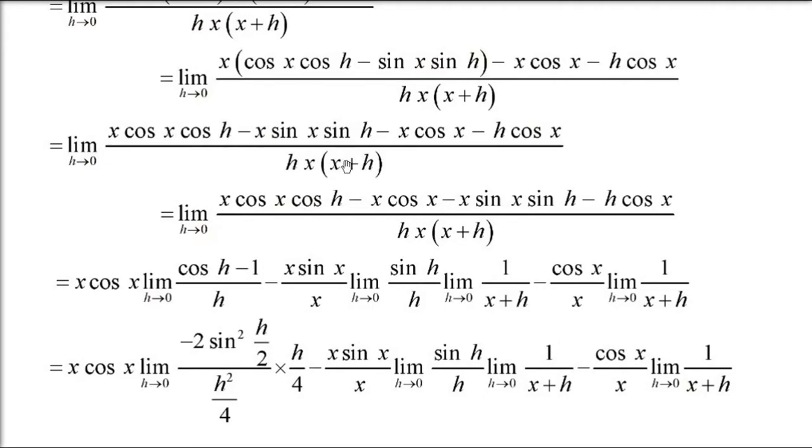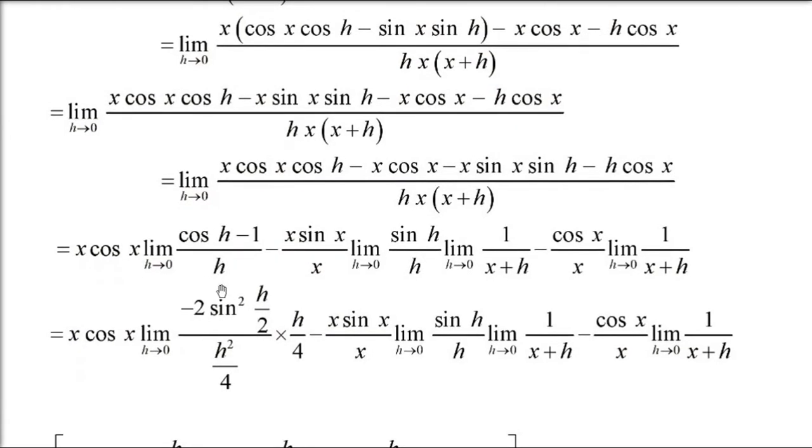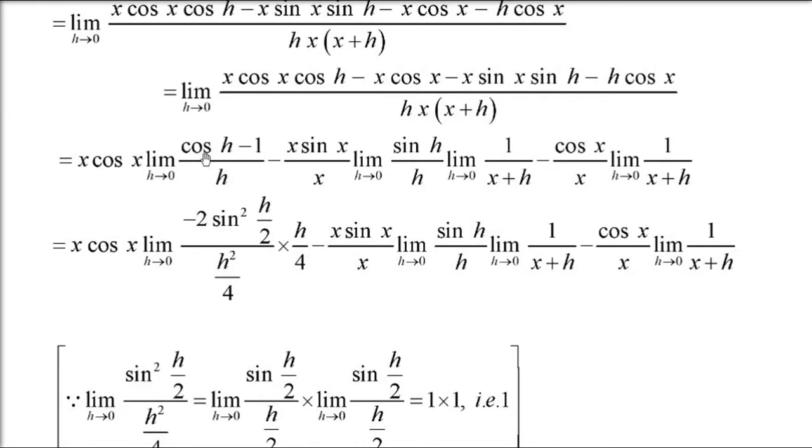Now you already have an h, x plus h. We'll deal with them later, because eventually this x plus h is going to be eliminated for the first term. So for this first term, I'm taking (cos h minus 1) by h. This is minus 2 sin square h by 2. h is already there. We need h square by 4, so h by 4 we have to multiply and divide.